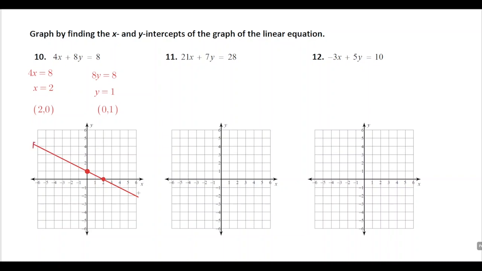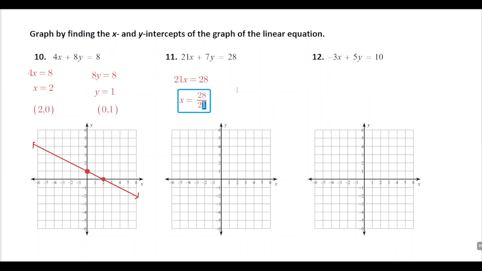For number 11, I'm going to do the same thing. I'm going to plug in 0 for y to find the x-intercept. Oh, those arrows are terrible. We're going to plug in the 0 for y to get the x-intercept. And so we get 21x equals 28. Lovely. So we're going to divide both sides by 21 to get 28 over 21.